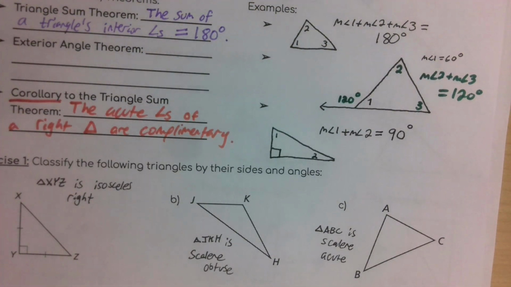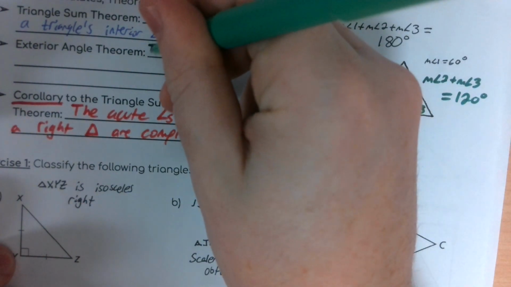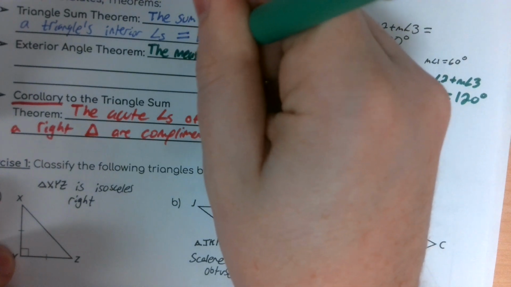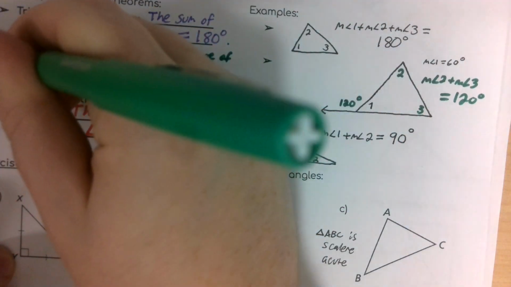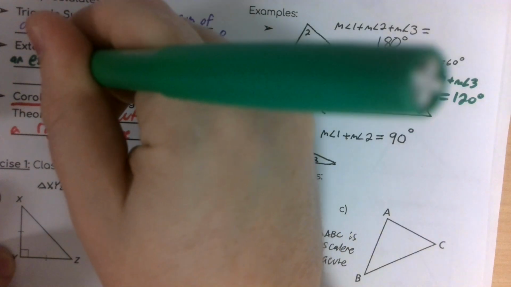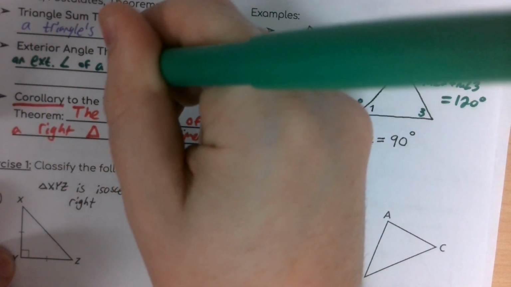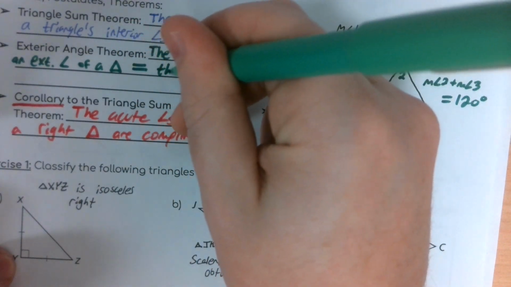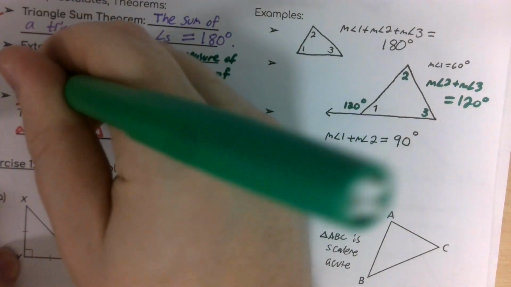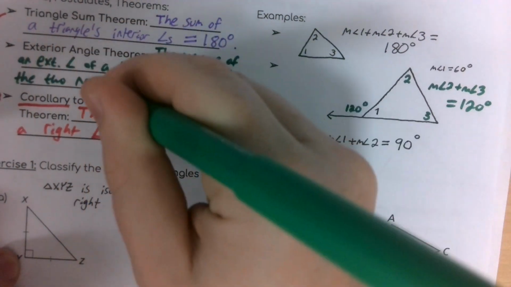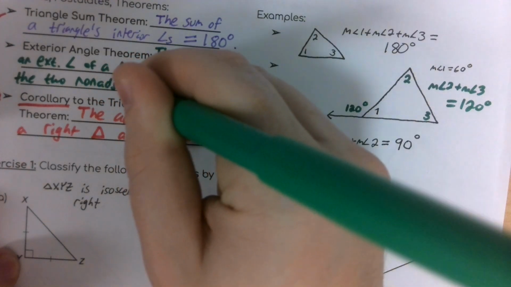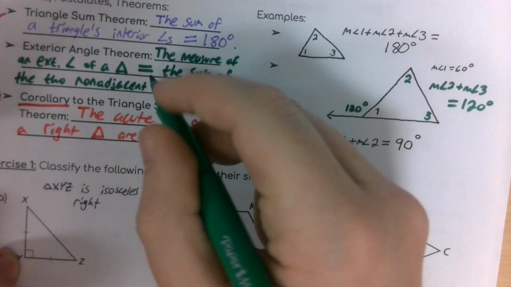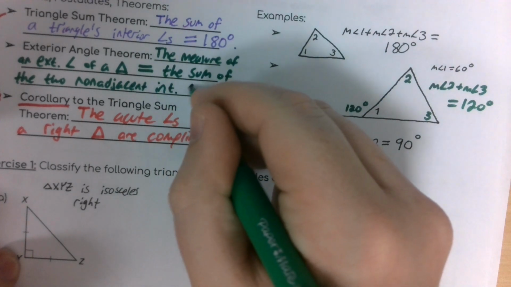In more exact words, more precise language, the exterior angle theorem says this. The measure of an exterior angle of a triangle equals the sum of the two non-adjacent interior angles.